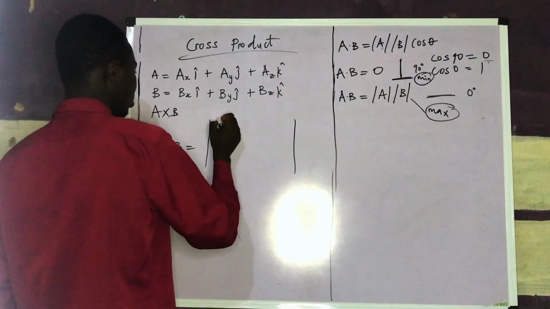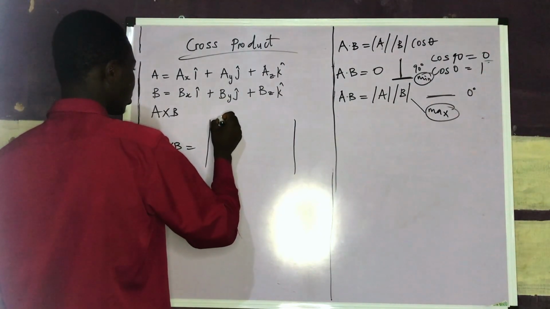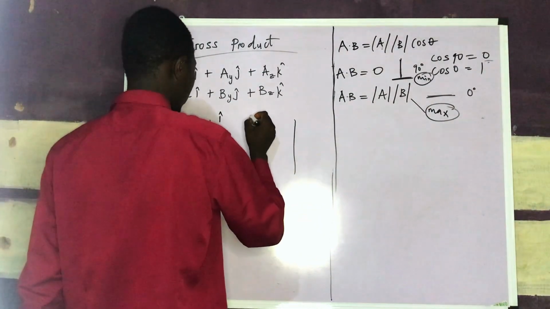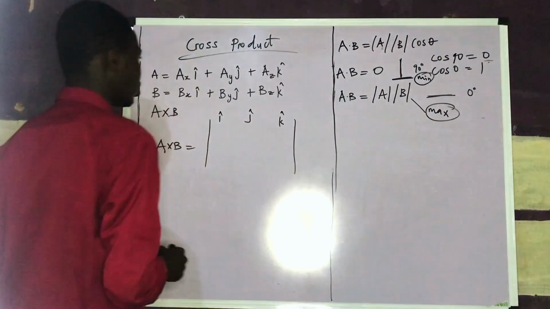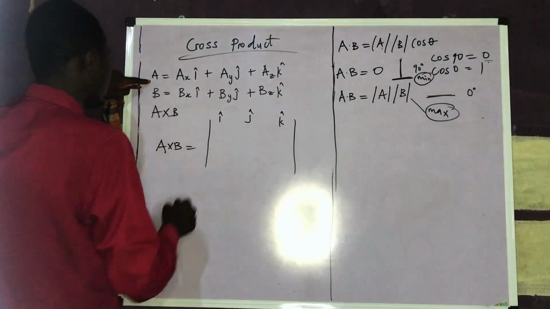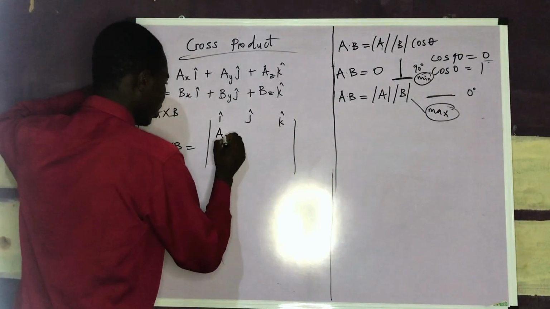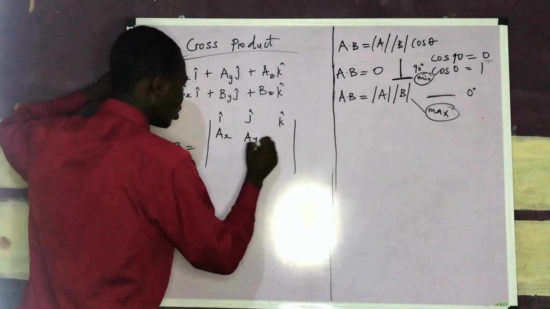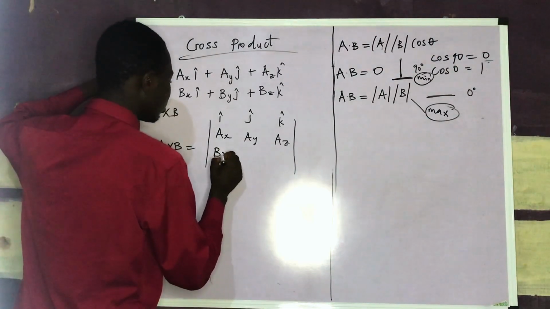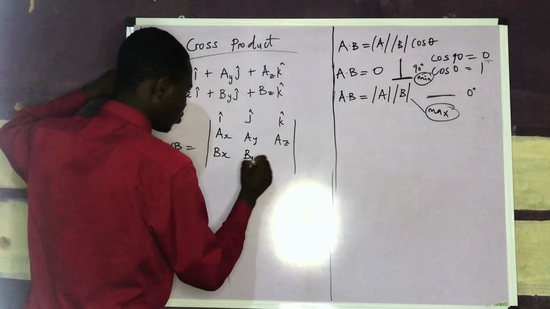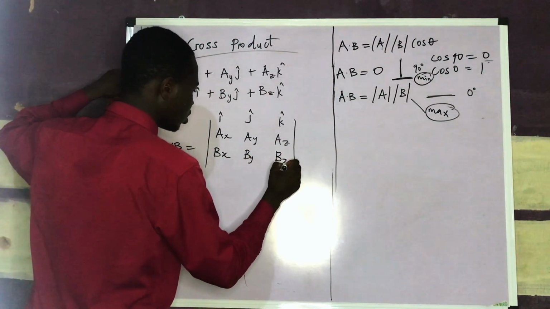This place is I, this place is J, this place is K. For A, you now say AX, AY, AZ. Then BX, BY, and BZ.